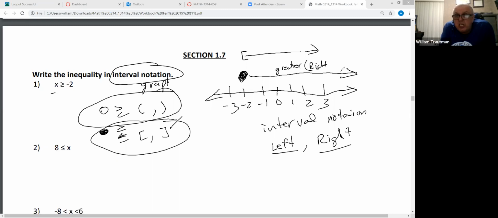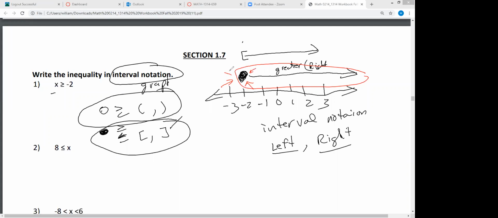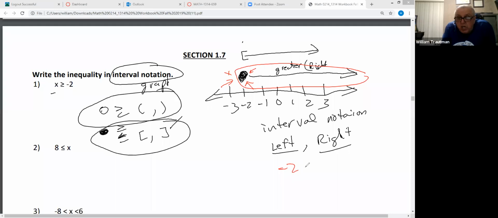What is the leftmost number of our graph? What number is that right there? -2. Yes, -2, comma.